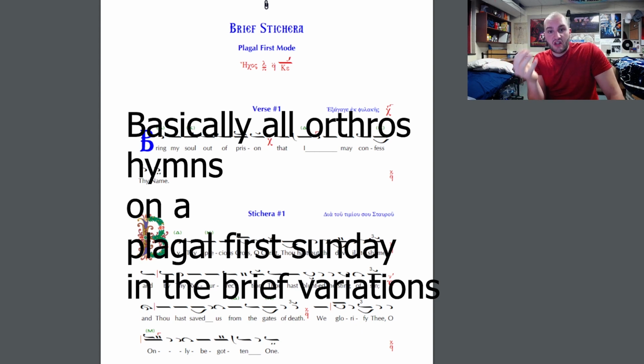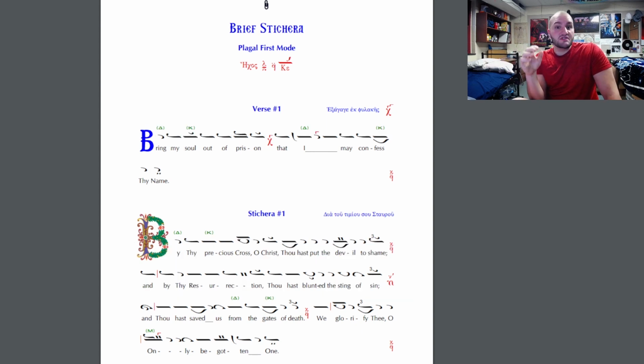It is used in the anavathmi, and after the anavathmi, the prokeimenon. It is used in the praises, if you use the brief setting of praises, and in the doxology, if you use the brief setting of the doxology, as well as the Sunday Theotokion. So it has a lot of uses in Orthros if you're serving Orthros in tone 5.